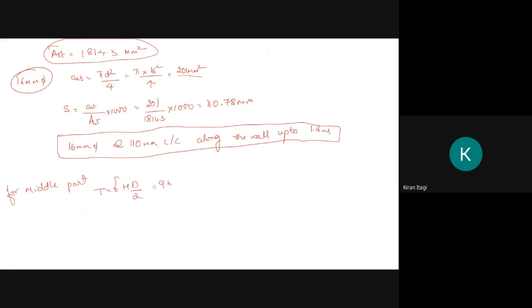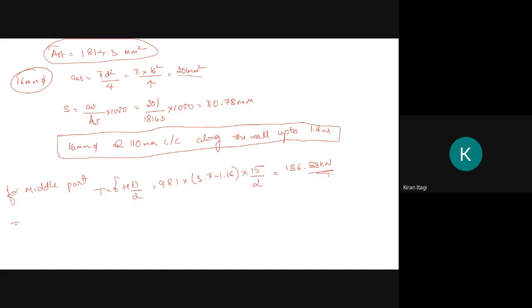Okay, this is 9.81, and height will be 3.7 minus 1.16, because for the remaining portion we are calculating, multiplied by diameter, 15 meter internal diameter, divided by 2. Therefore we will get the value of T as 186.88 kilo Newton.